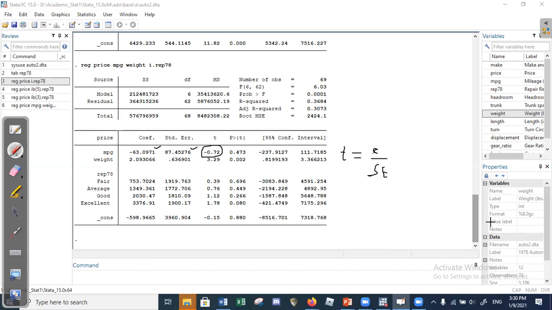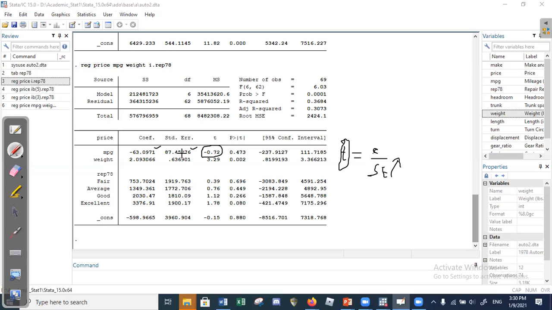Now, when there is a case of high multicollinearity and when the variance of the OLS estimator increases, what happens to this standard error? This also increases. So when the standard error increases unusually, what would happen to this T? You see, the standard error is occurring in the denominator.